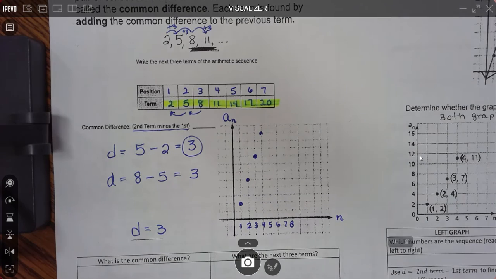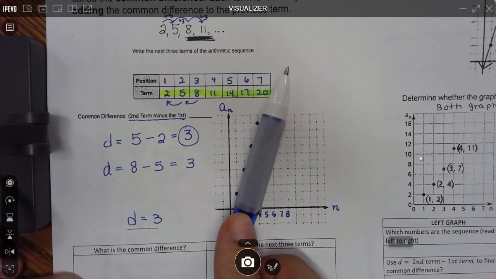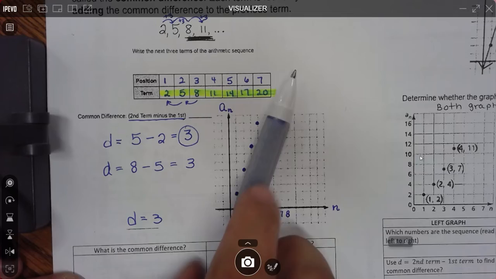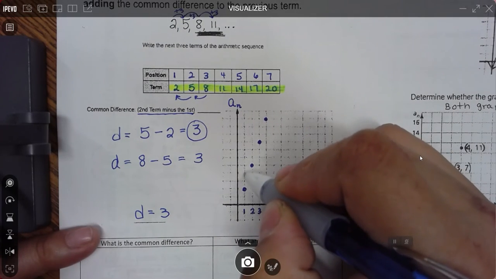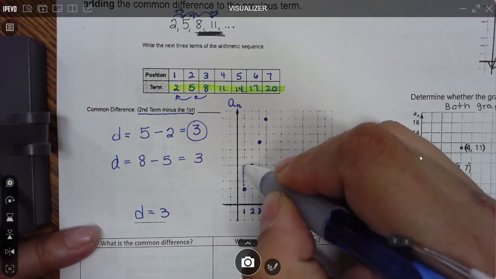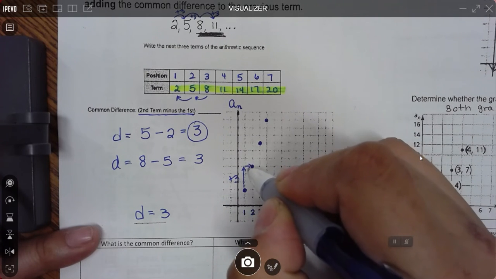So, first thing you should notice is that this is pretty straight, right? Like a straight line. And every time I plotted these points, what was the rise? Positive 3, and the run was 1.